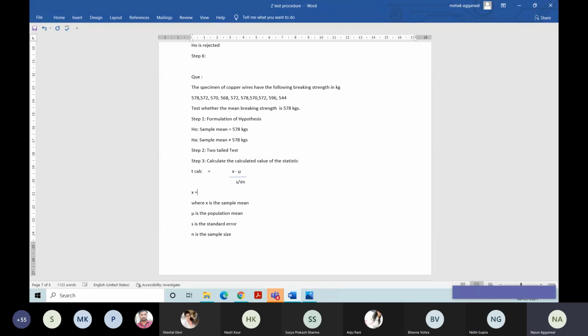Okay, so X is coming out to be 572. So the mean of your sample comes out to be 572. What is mu? 578. So mu is given, you have to compare for 578.